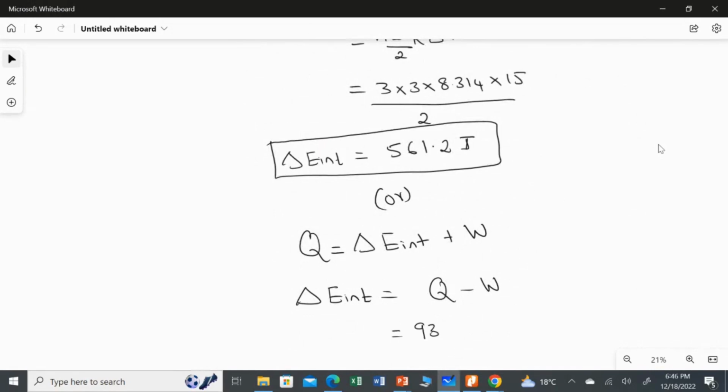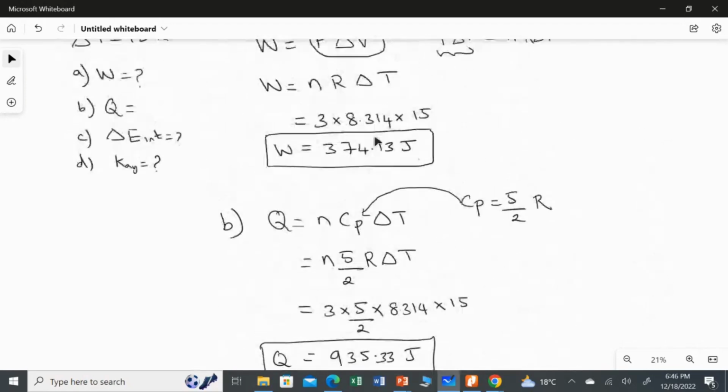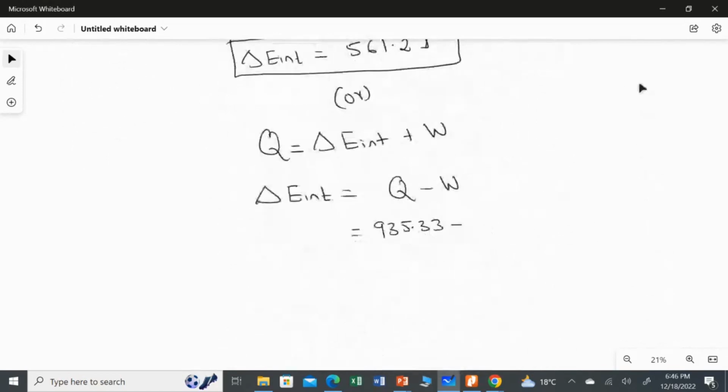So 935.33 minus, and the value for the work done we got here is 374.13.